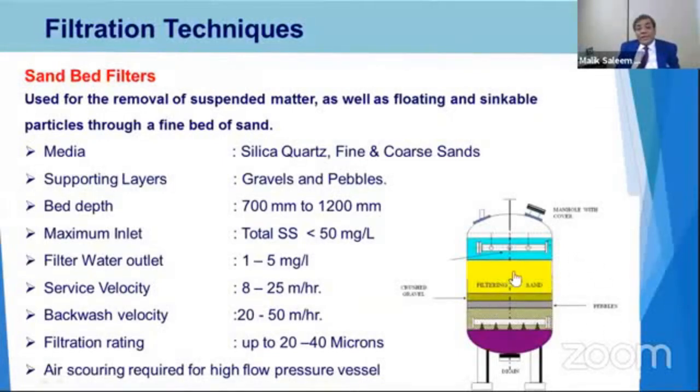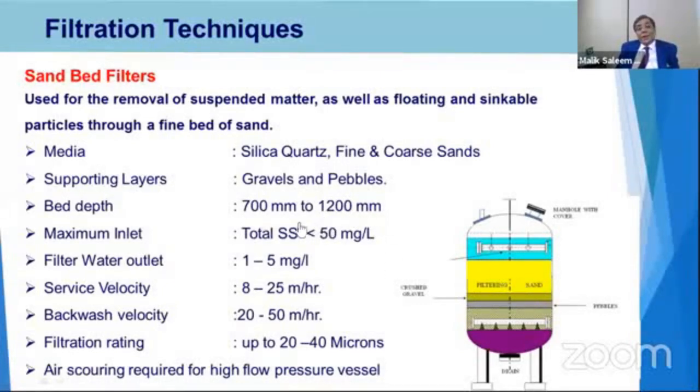In this sand filter, we see that we have a bed of sand. From the top, we have the water from where it is distributed, and from the bottom, we collect the clean water. Normally, we have nozzle plates at this place on the complete circumference, and these nozzles are covered with gravel and pebbles. Over that, we have the filtration media, that is sand.